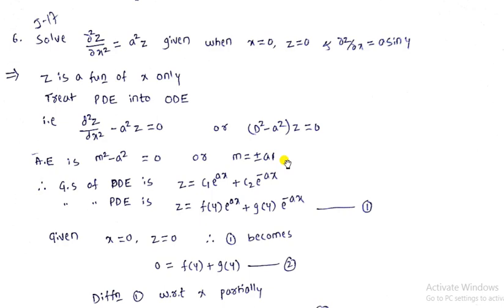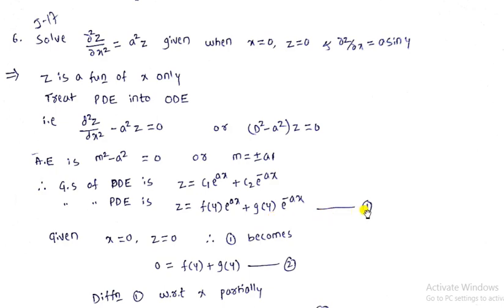When the roots are different, the complementary function is c1 e^(ax) + c2 e^(-ax), according to module number 2, differential operator. This is the general solution of the ordinary differential equation. Here also z is a function of x, so we replace c1 and c2 by arbitrary functions f(y) and g(y).